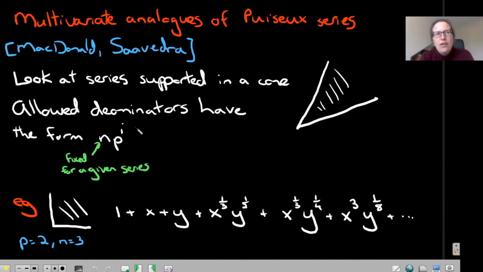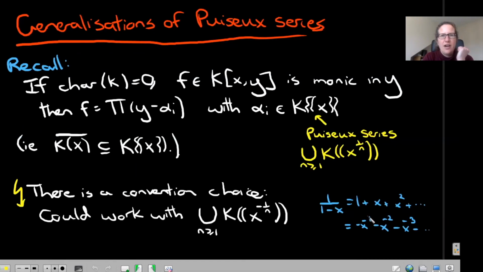And now all of the exponents in your series have to be in a given cone. So in one variable, there are only 2 cones, right? If we're in R, there are 2 possibilities: the positive reals and the negative reals. And that's why on this slide I had my 2 choices.